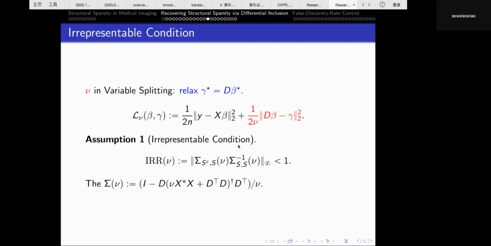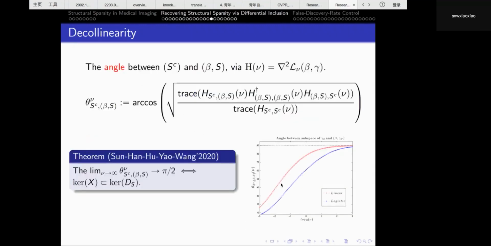Broadly speaking, our irrepresentable condition, namely the IRR nu, is dependent on nu, and this assumption means it is less than 1. To see why this irrepresentable condition is easier to satisfy when nu increases, we show that essentially a larger value of nu can make these two subspaces more orthogonal. That is, the angle increases to 90 degrees when nu goes to infinity.